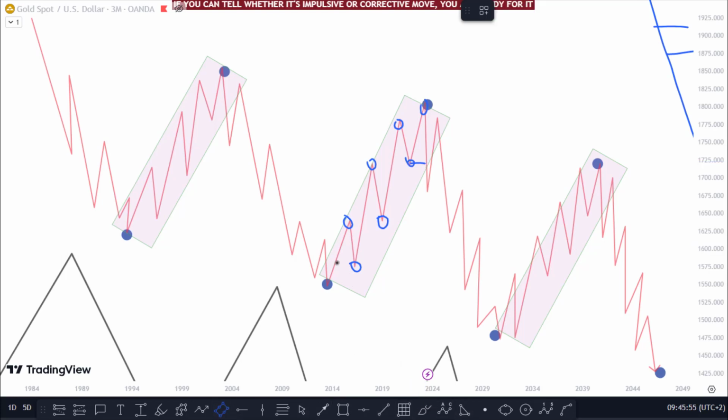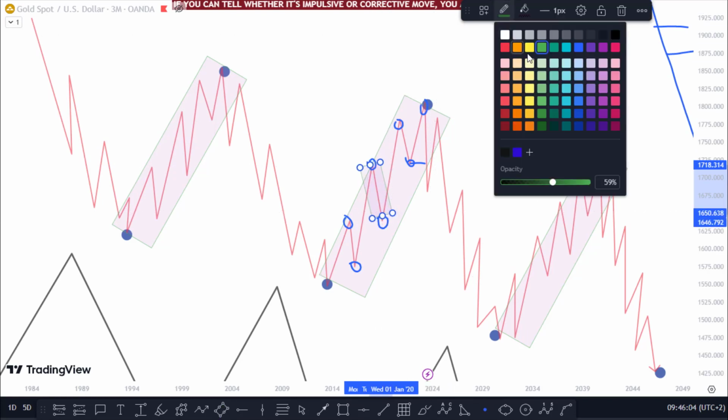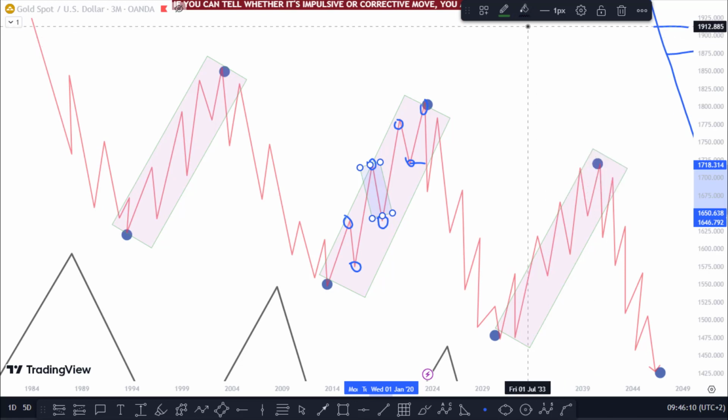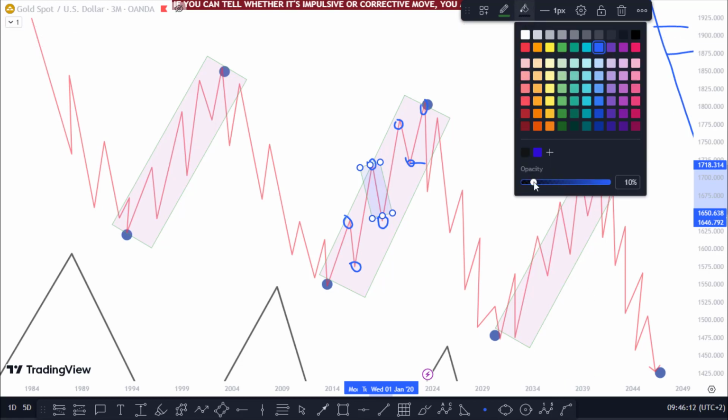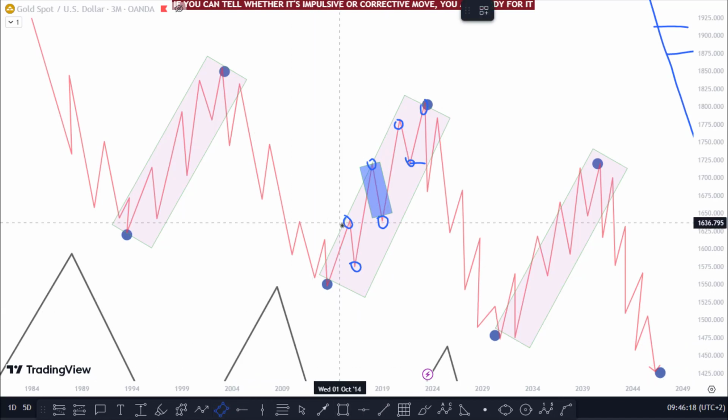So now, if you want to study a weekly corrective move, what is likely to be a weekly corrective move? A weekly corrective move is going to be this area. This is your weekly corrective move.